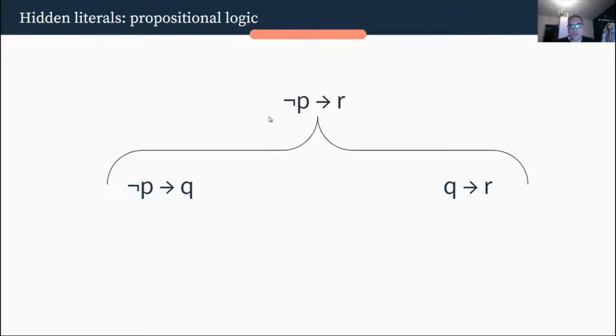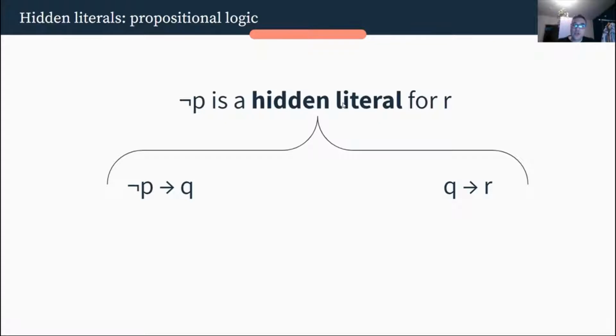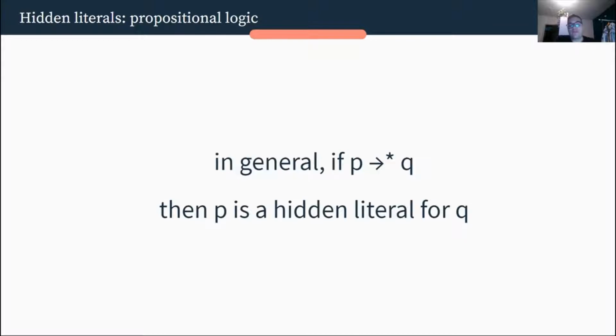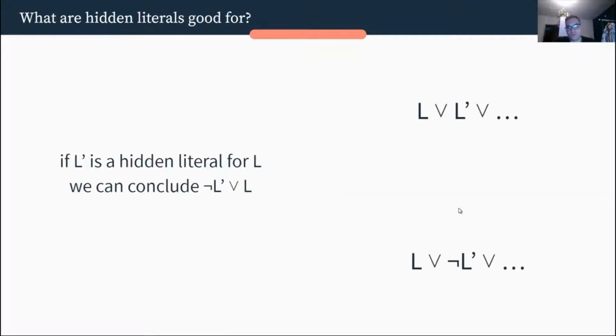And in this particular case, I can create a chain from not P to R. And then we say that not P is a hidden literal for R, or more generally, whenever I can create such an implication chain from P to Q, I say that P is a hidden literal for Q.